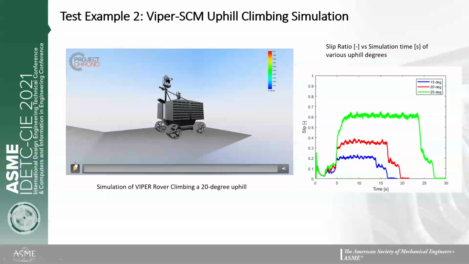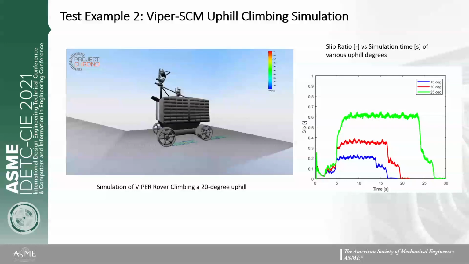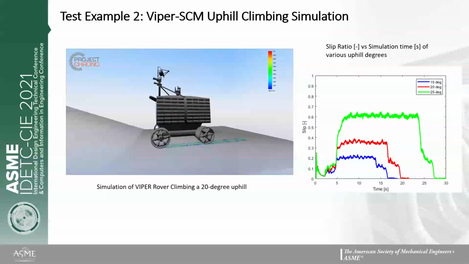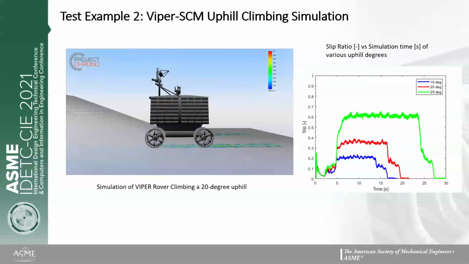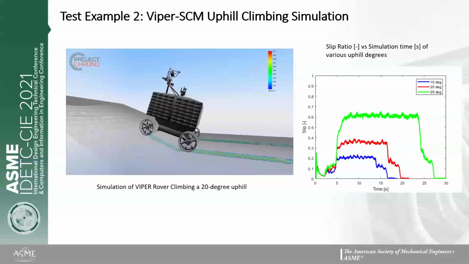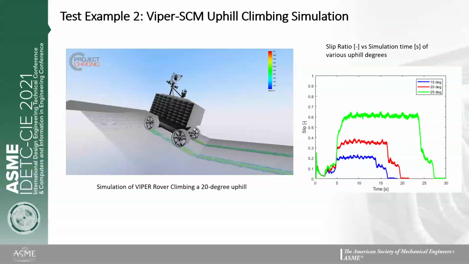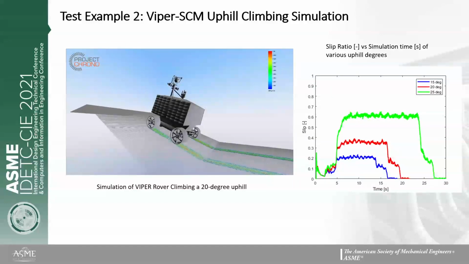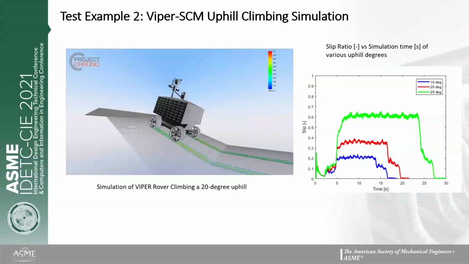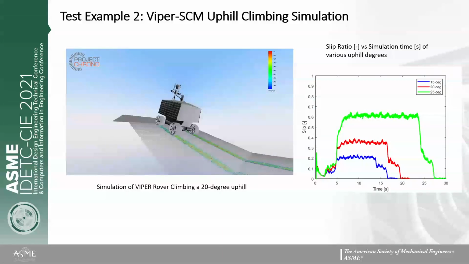In order to allow the current simulation framework to help with researchers' driving control algorithm development, we performed another simulation test here with 15-degree, 20-degree, and 25-degree uphill scenarios of the Viper rover. The purpose of this experiment is to check whether the current implementation and the current model of the terrain can handle slip well.